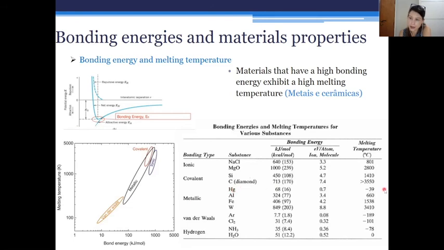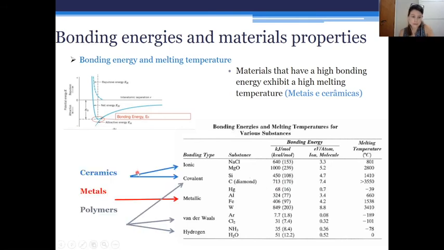Mercury, for example, has a melting temperature lower than 0 degrees C, whereas tungsten has a melting temperature above 3000 degrees C. This is quite coherent with the fact that ceramics and metals will melt at a very high temperature.